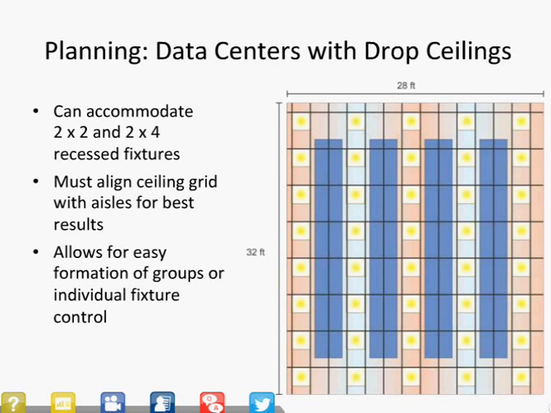And this ceiling allows us to position our lights where the work will be performed. Drop ceilings are great because they allow for either 2x2 or 2x4 fixtures. And doing it this way is ideal for controlling these fixtures either in a group or individually. It also allows any excess heat from the LEDs to be vented up into the plenum, reducing the heat in the space.